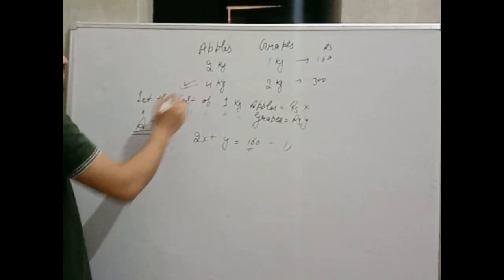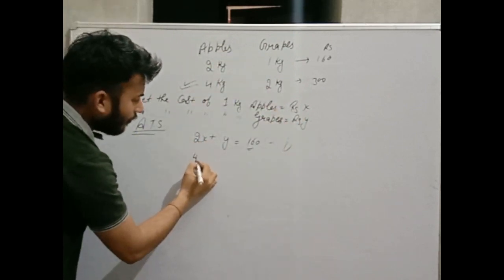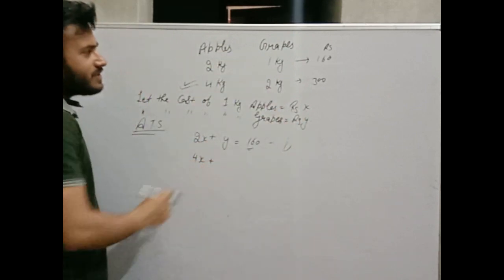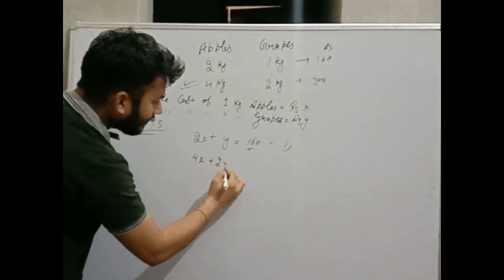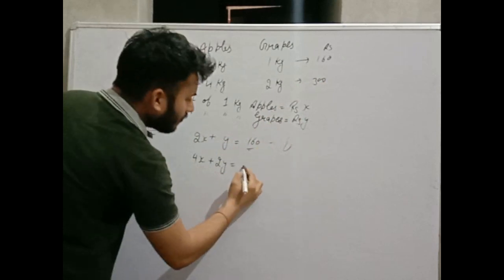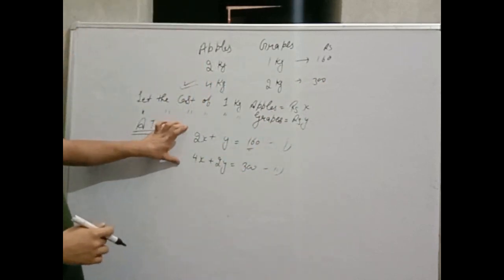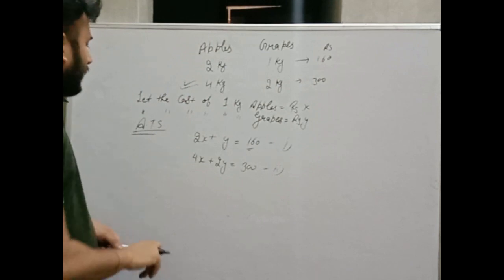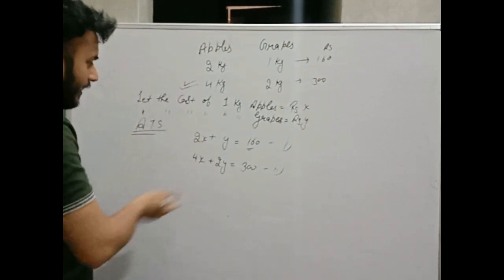Now according to the second situation, 4 kg apples means 4 into x plus 2 kg grapes means 2 into y equals rupees 300. This is your answer for the algebraic expression. Now how to represent the equations graphically?